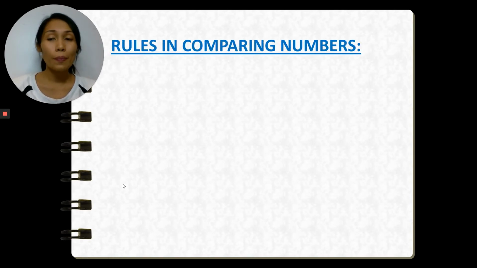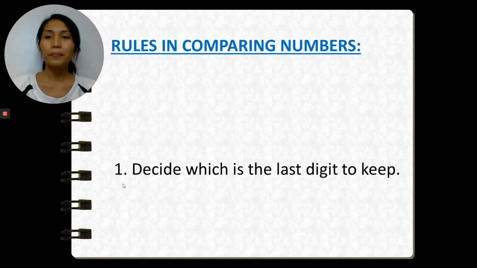But how about rounding off larger numbers? When we round off larger numbers, we cannot use number lines anymore. So that's what we're going to discuss here. We have rules in rounding numbers, especially larger numbers, but we can also use this in smaller numbers.